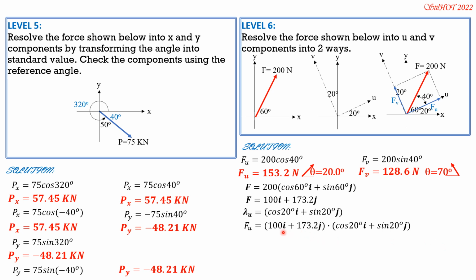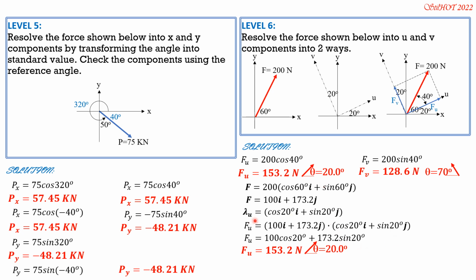So you only multiply 100 cosine 20 and 173.2 sine of 20. So 100 cosine of 20 degrees plus 173.2 sine of 20 degrees. Remember that product. So Fu will give us 153.2, same answer.